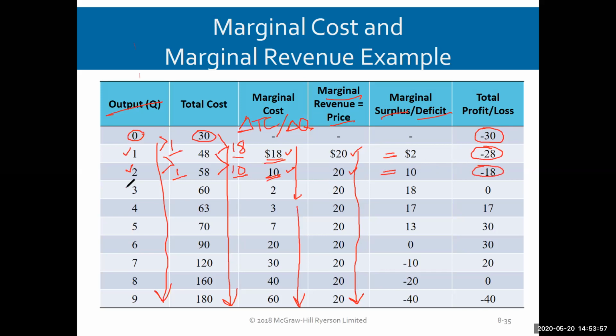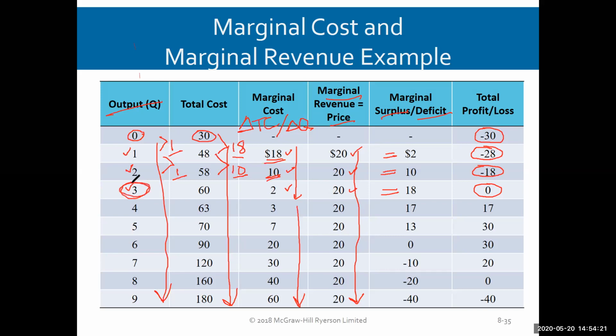So let's consider the third unit. Should we produce it? Well, its marginal cost has fallen further down to 2, but we sell it for 20. So we're making 18 bucks on that one. We were losing 18, and now we're breaking even. Minus 18 plus 18 is 0. So that's one break-even level of output at 3.